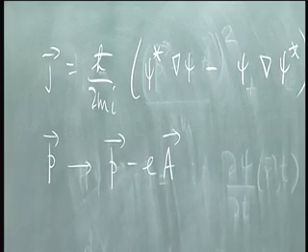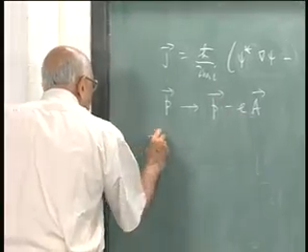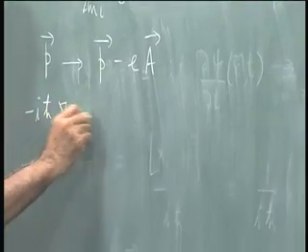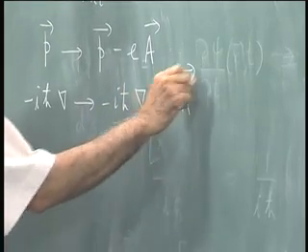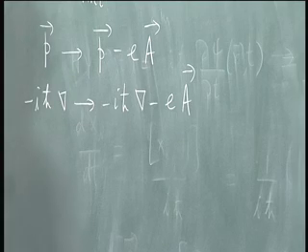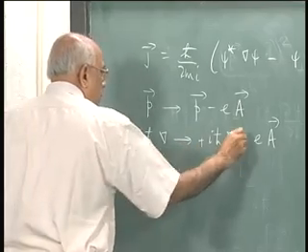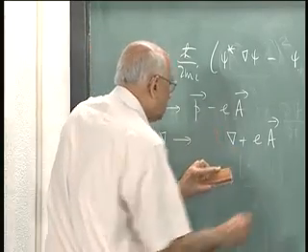What I originally called p, I now call p minus eA. So this means minus i h cross del goes to, in the position representation, this guy here, is replaced in this fashion. So let us make this plus everywhere, and let us divide by i h cross. So this goes away and this is over i h cross.